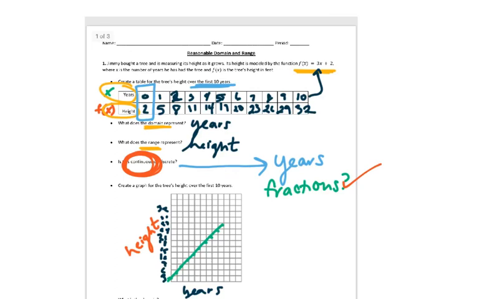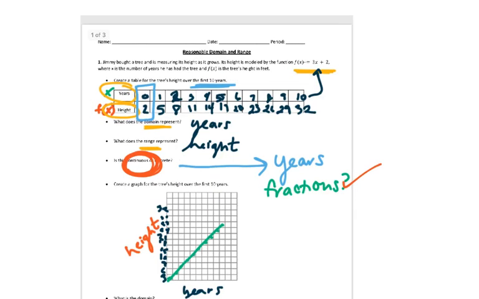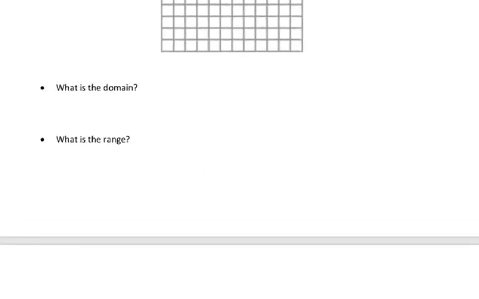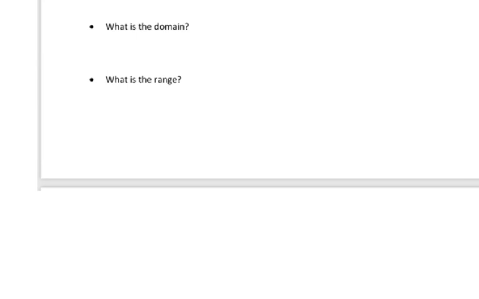So on the last piece of this, it says what is the domain and what is the range. So if I look at what we have here, well, let's take a look. So since it is continuous, continuous domain is going to look like this.